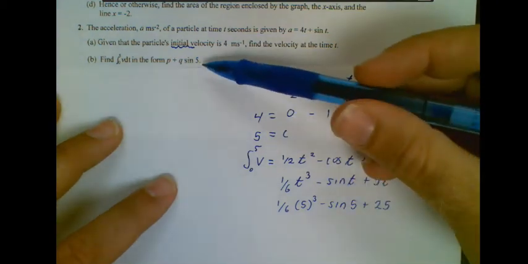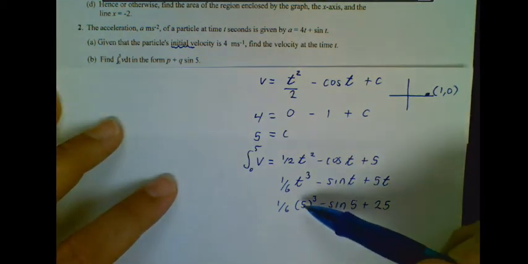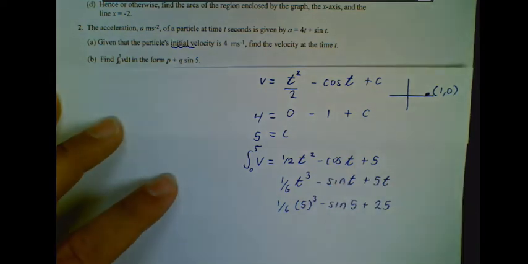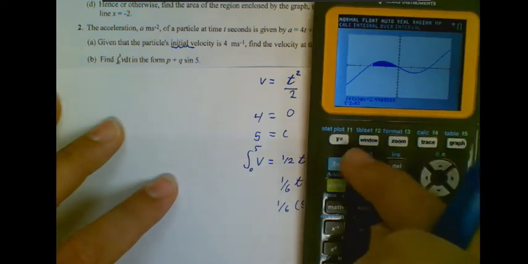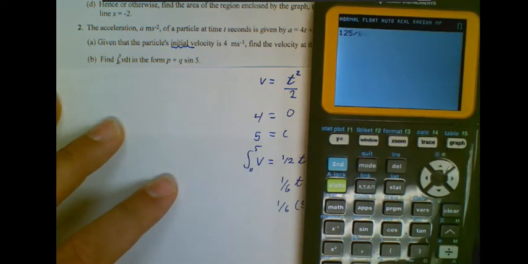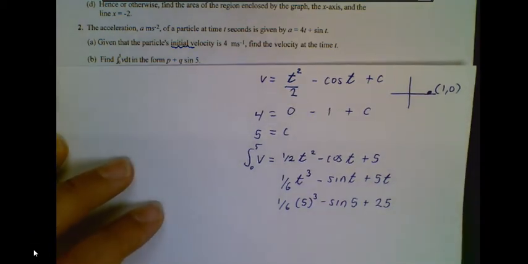They want me to give it in this format, so let's simplify a little bit. 5 to the third would be 125. 125 divided by 6, which doesn't go in very evenly.